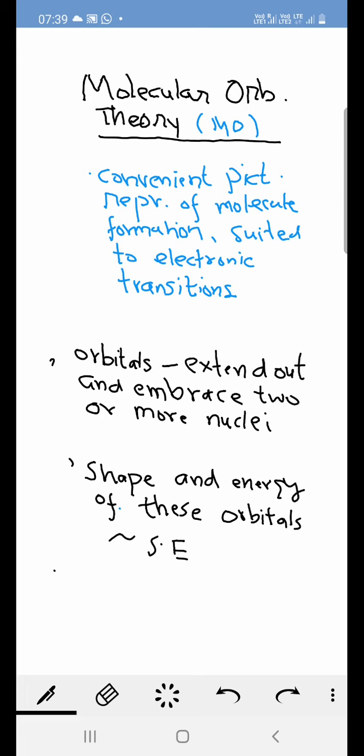Now there are certain rules for the molecular orbital theory.